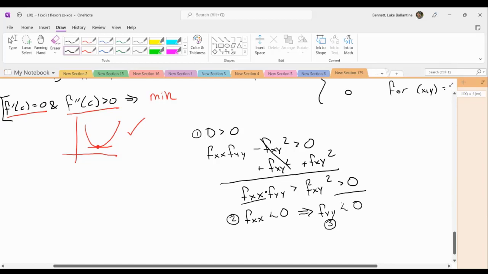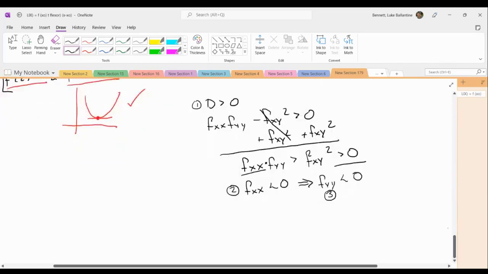So we have the second partial derivative in both x and y is less than 0. Now we can look at what that would mean.